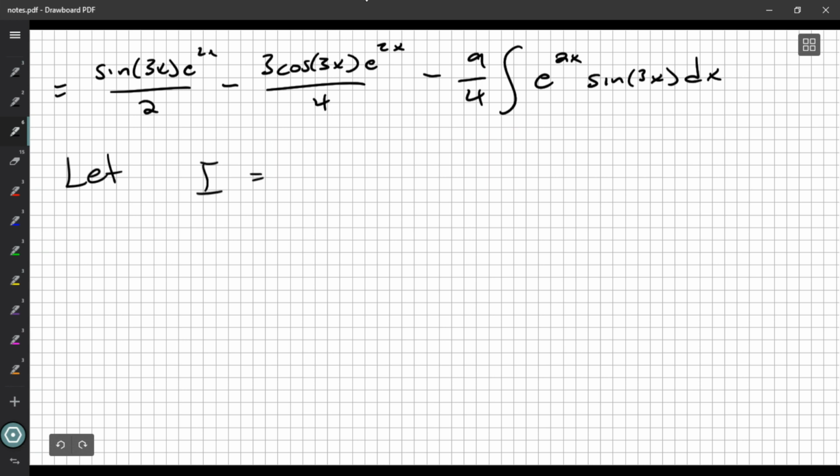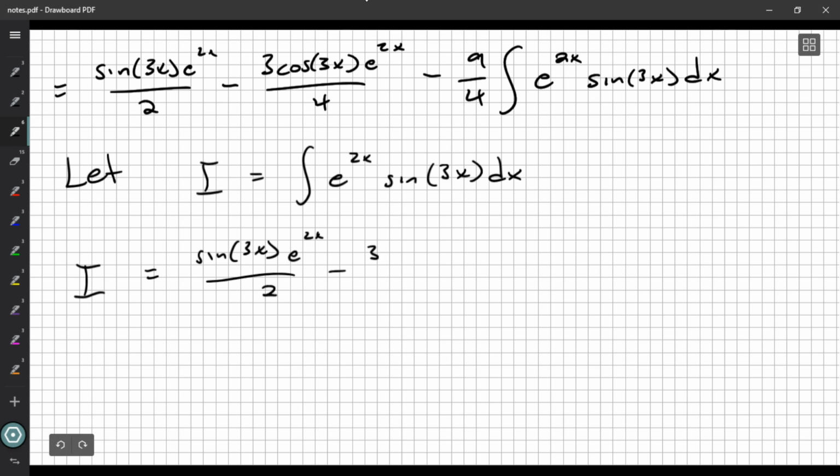We're going to say let I be equal to the integral, just to cut down on our writing, because we're not going to do any more integration. We're actually just going to do some algebra. So if I let I be that, what we've shown is this integral is sine 3x e to the 2x over 2 minus 3/4 cos 3x e to the 2x minus 9/4 I.